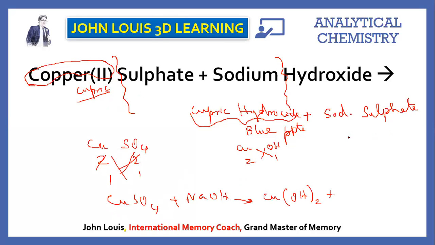Plus sodium sulfate: sodium is Na, sulfate is SO4. Sodium valency 1, sulfate valency 2. Therefore, we get Na2SO4. So this cupric hydroxide is a blue precipitate. From this blue precipitate, we understand that copper 2 ion is present in the given salt. Is it clear?